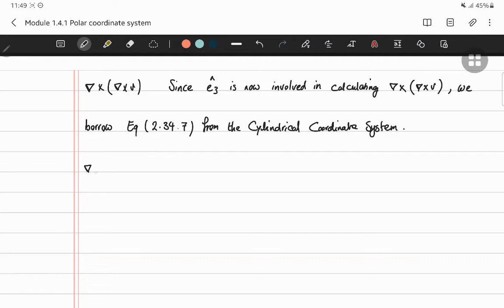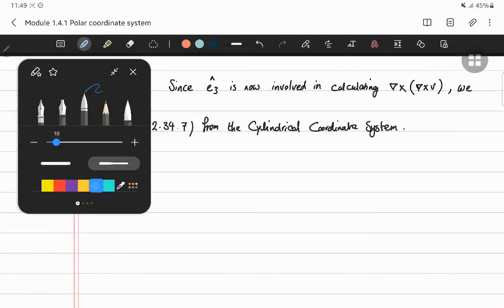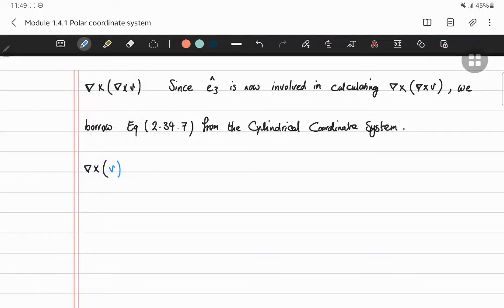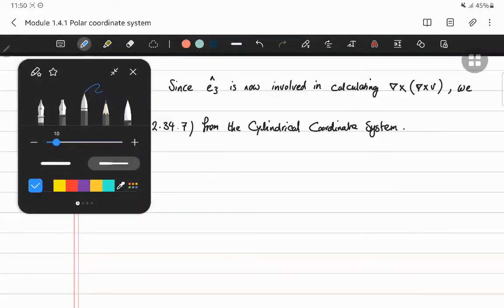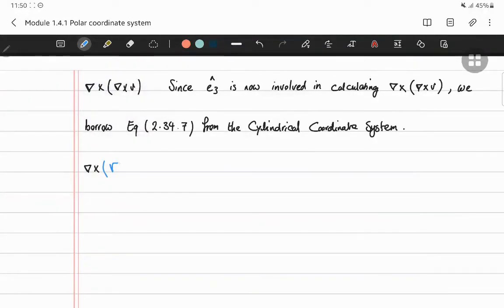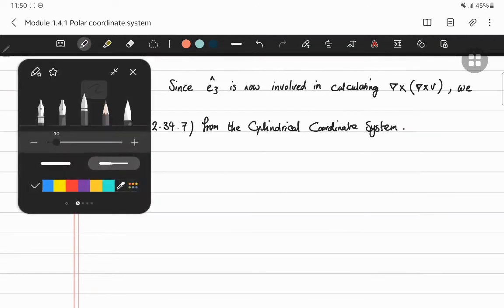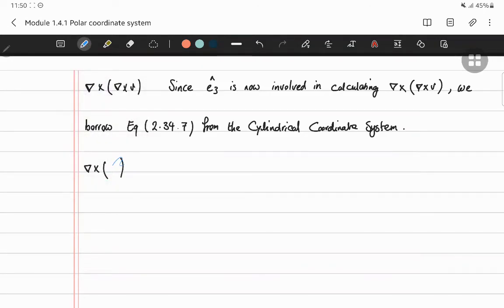So here the curl of, let's say a vector, because this is a vector, the curl of v. I write it with another color to make sure that these are two different things.